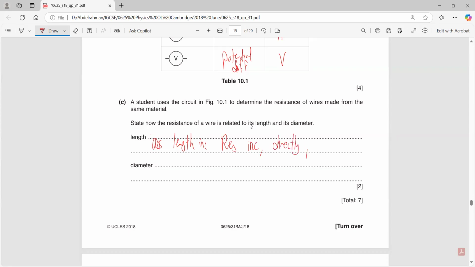Diameter: as the diameter increases, resistance decreases, which means that this is an inversely proportional relationship. So length is directly proportional, diameter is inversely proportional.